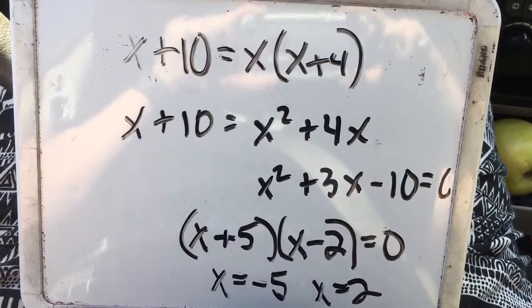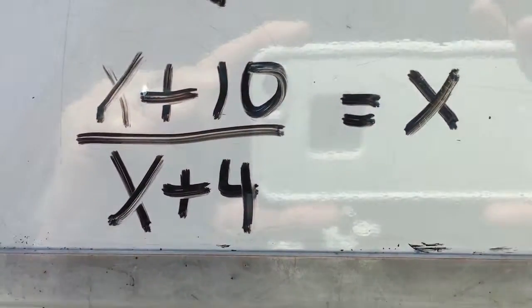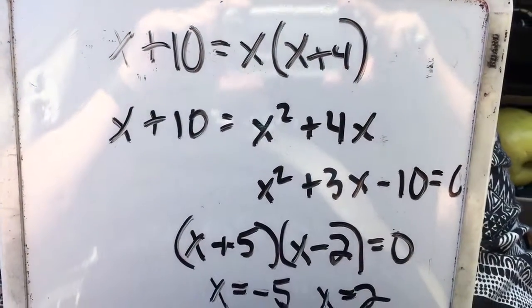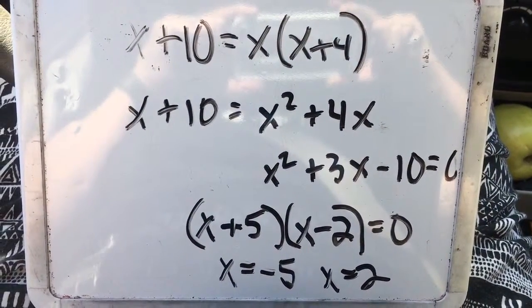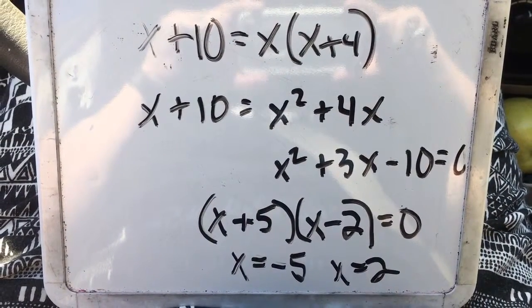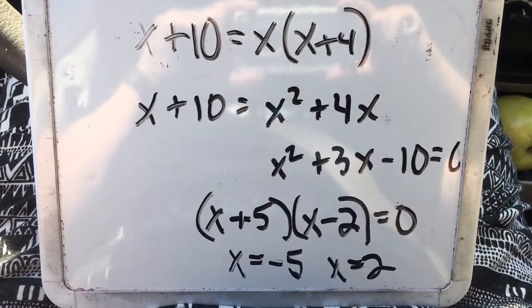And then I'm going to cross multiply, and I'm going to put this on a new board. Okay, so I cross multiplied on this expression right here, then distributed, got everything on one side, and factored into (x plus 5)(x minus 2). So I come up with x is negative 5 and x is 2.